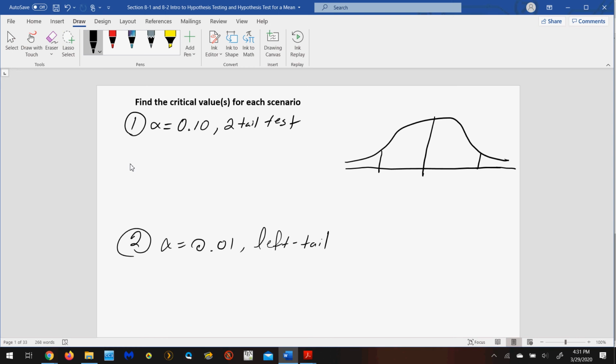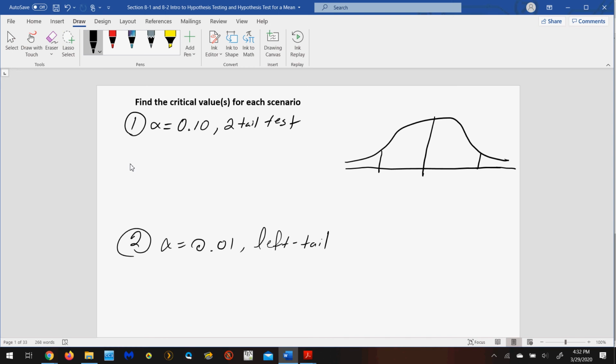Now, I'm going to use the alpha to determine how much I have in each tail. So this says alpha in total is 0.10. Since I have two tails, that means alpha is combined from both.